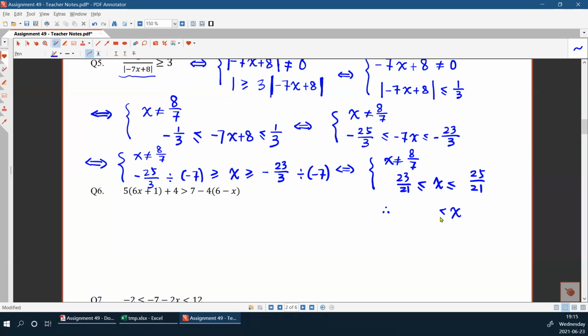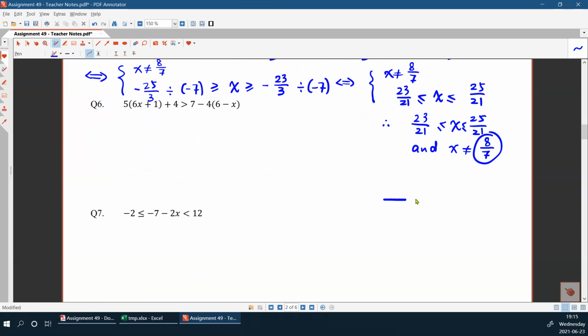Okay, the final solution is x should be within this interval, and of course x cannot be 8/7 because 8/7 is in this interval, right?